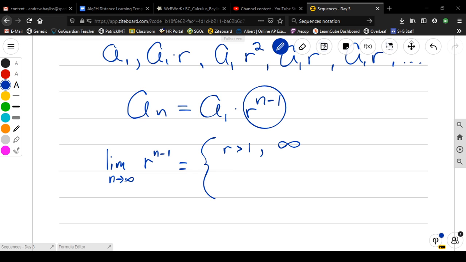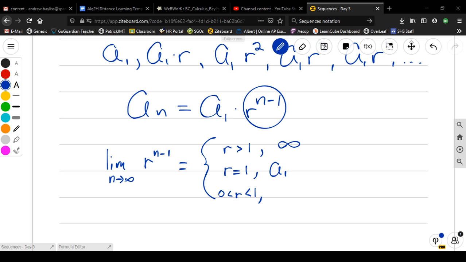Of course, if r equals 1, then your sequence really isn't very interesting. It's just going to be whatever that first term is, because it's a sub 1 and a sub 1 and a sub 1 and so on. Now, if your common ratio is less than 1 but greater than 0, then you're going to have a fraction.